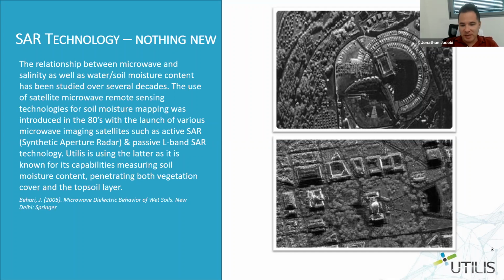I'll talk about in my next slide exactly how SAR works and the relevancy to finding water underground. But just wanted to let you know that Utilis did not invent SAR technology. This is a very well-established and well-based technology. And we happen to be the first company that has commercialized on some of its abilities.